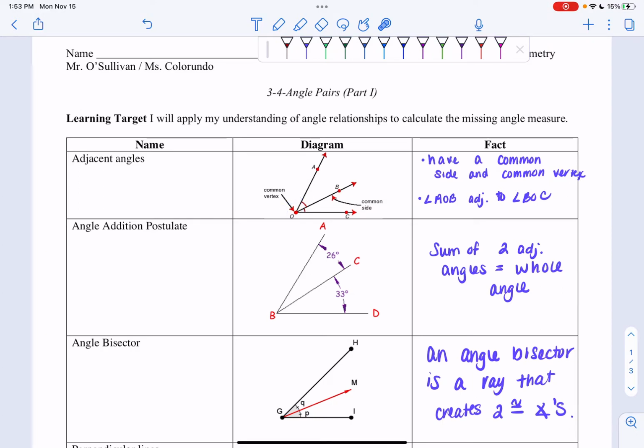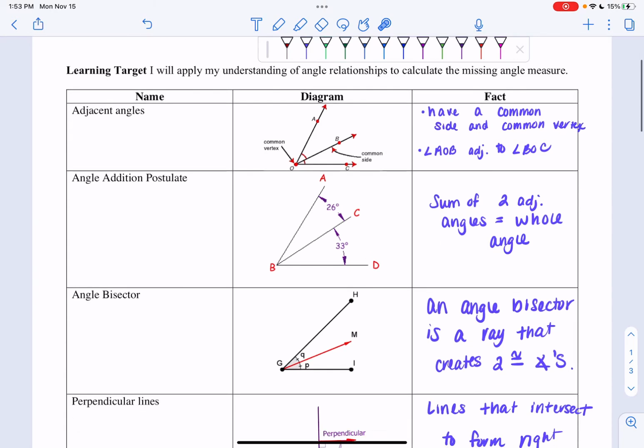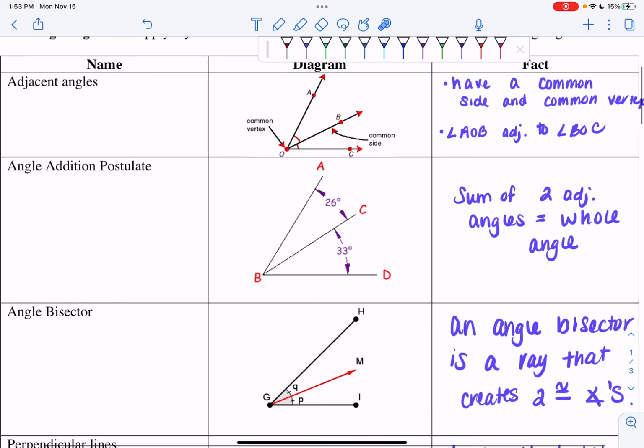The angle addition postulate basically says the sum of two adjacent angles is equal to the whole angle. So you can also think of it as part plus part equals the whole.